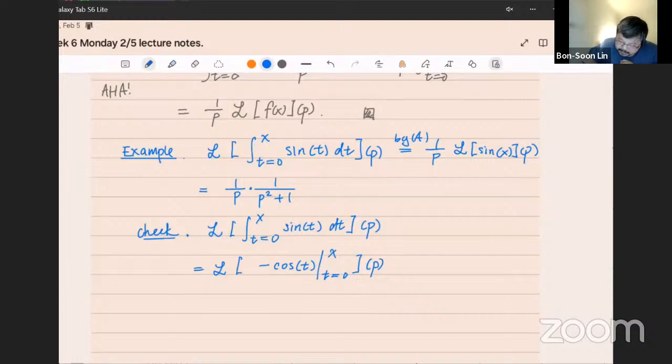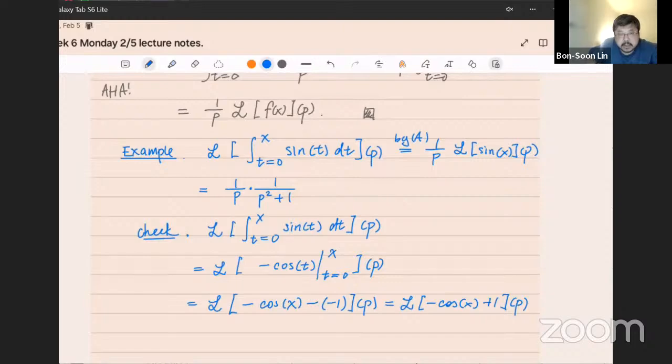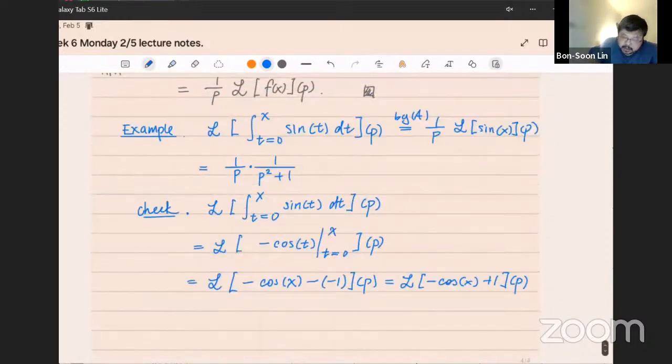When I plug in x, I get minus cosine of x, and then minus, when I plug in 0, what's cosine of 0? Cosine of 0 is 1. So we subtract 1. So what we're really calculating is the Laplace transform of minus cosine of x plus 1. We know how to compute the Laplace transform of each of these functions, so let's write them out.